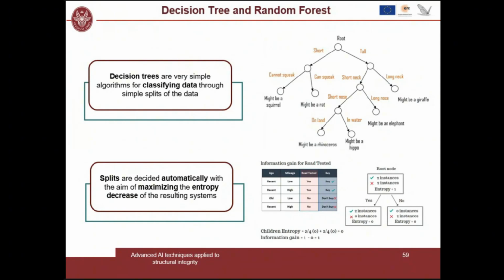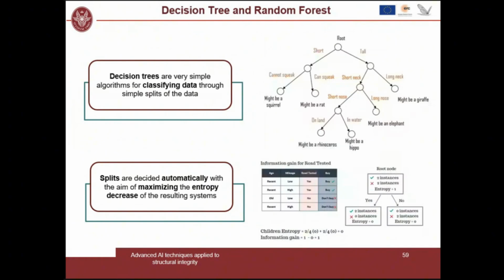You have to choose how to split your animals. So, for example, if you say, okay, I split the animals into the ones that are on land and the ones that are on water, I have maximized the decrease in entropy, because now I've essentially just classified all the marine life. Okay, so essentially that is what decision trees do.